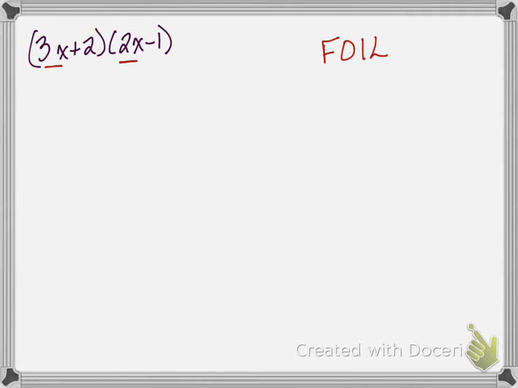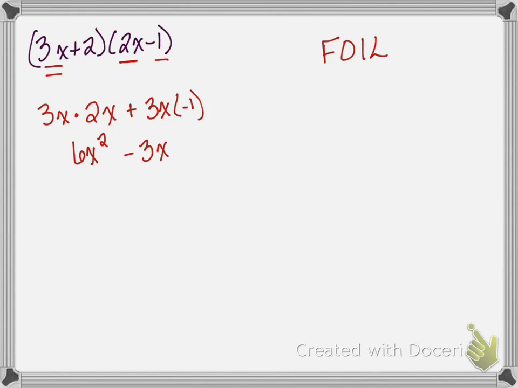I'm going to write that out. 3x times 2x gives me 6x squared. 3x times negative 1 is minus 3x. Then I have 2 times 2x, that's 4x. And then I have 2 times negative 1.